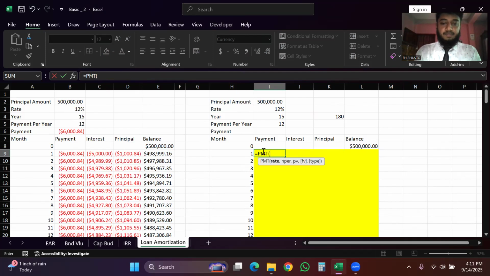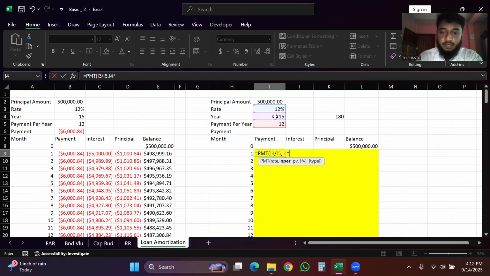PMT and tab button. Here we need the rate. Here is the rate. Because of the given month, we have to divide it by month, then comma, nper. Here is the year, nper, that means year.